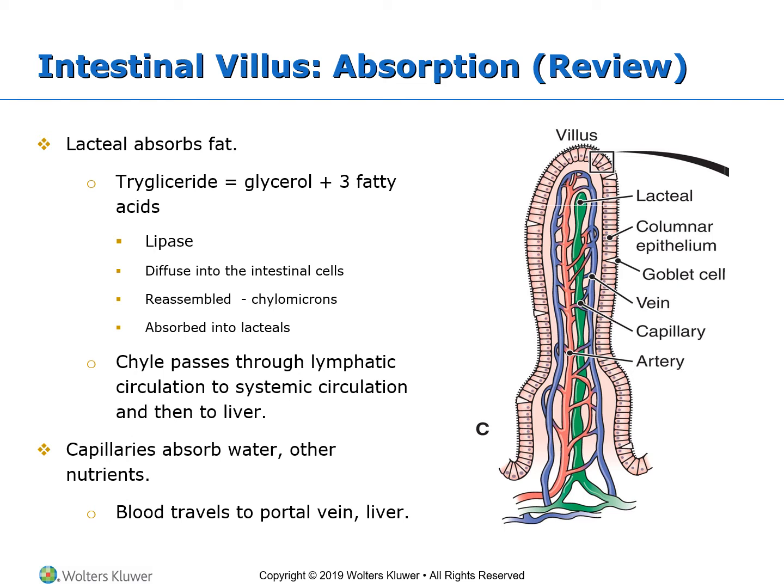There are some fat-soluble vitamins, such as vitamin D and E, that need to be absorbed along with dietary fat. So whenever I have a condition with malabsorption of fats, those two fat-soluble vitamins, D and E, will also be deficient in those patients.